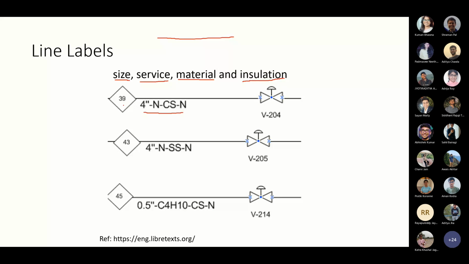So if you are drawing from one chart to another chart, this 39 refers to process 39 in the previous chart. This 43 refers to the pipeline coming from process 43.